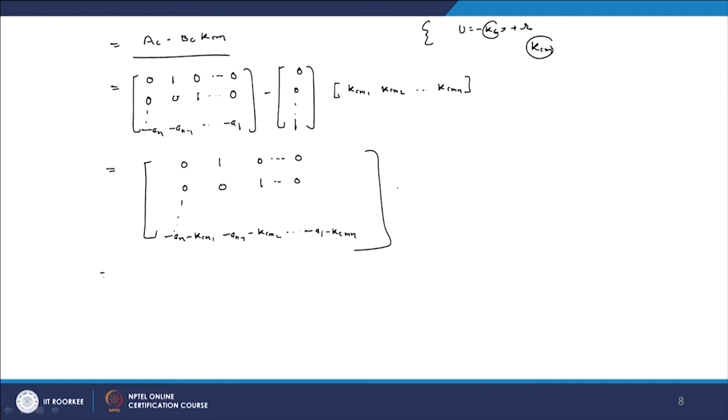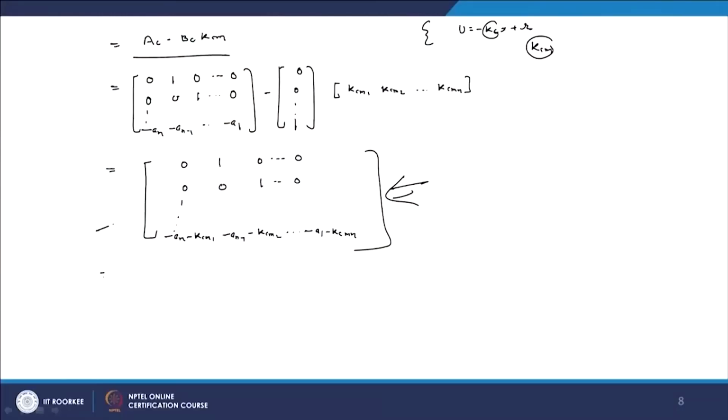This particular matrix we can also write in terms of the characteristic equation: lambda raised to n plus a1 plus KCMn lambda raised to n minus 1, plus a2 plus KCM n minus 1, and so on, plus an plus KCM1 equal to 0.